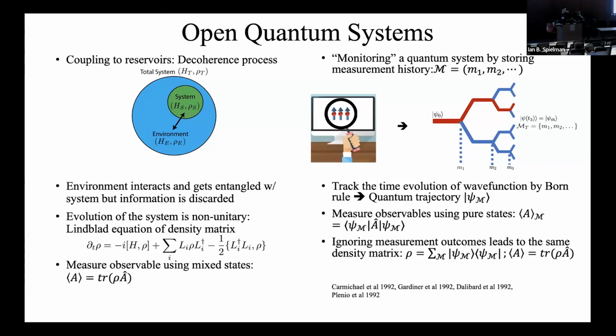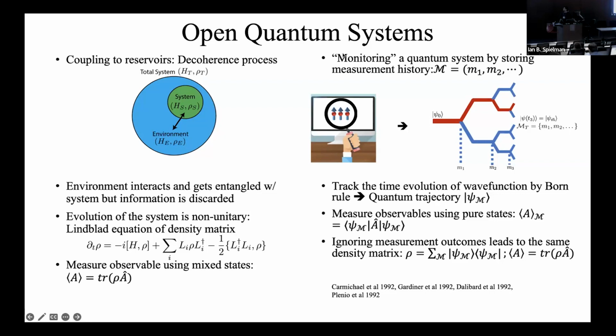This discarding of information leads to a non-unitary description for the system, for example, through the Lindblad equation for the density matrix. So we can only study the system at the level of the density matrix, and if we want to measure some observable, we use the density matrix to make predictions.